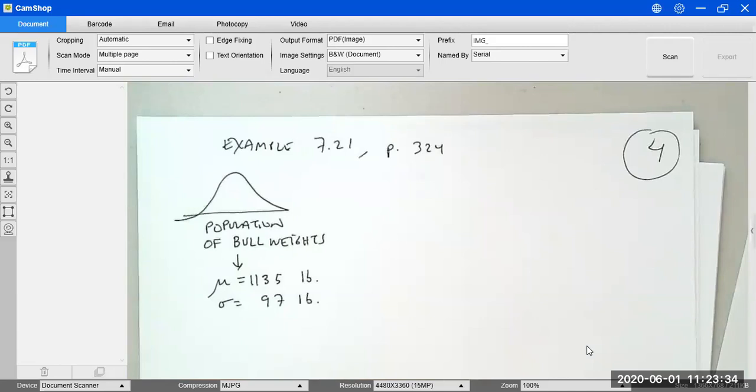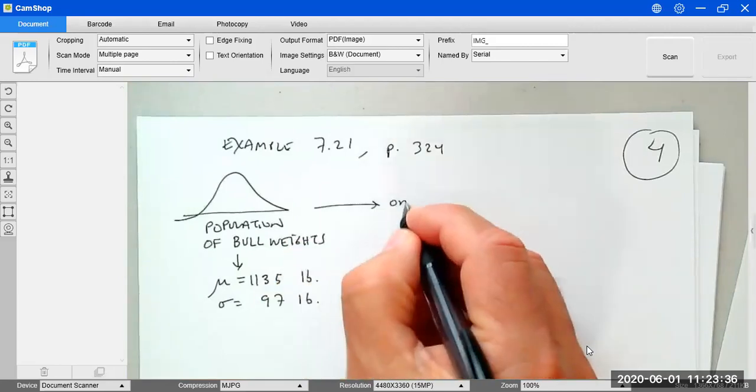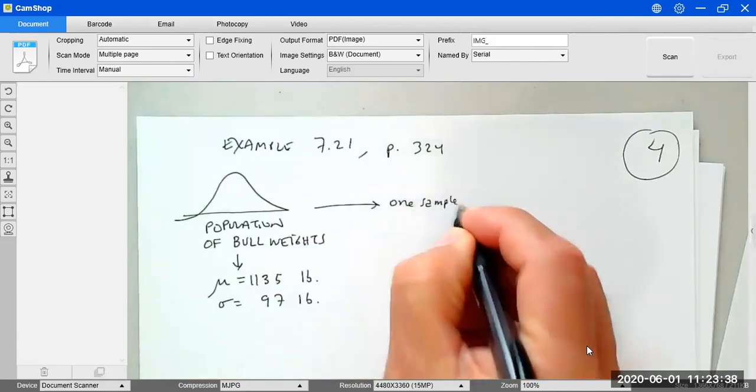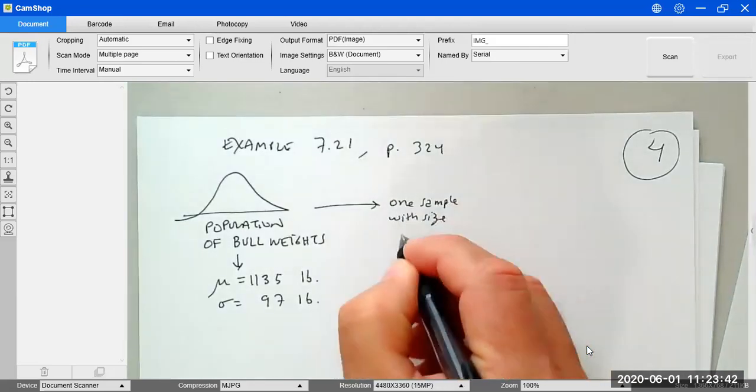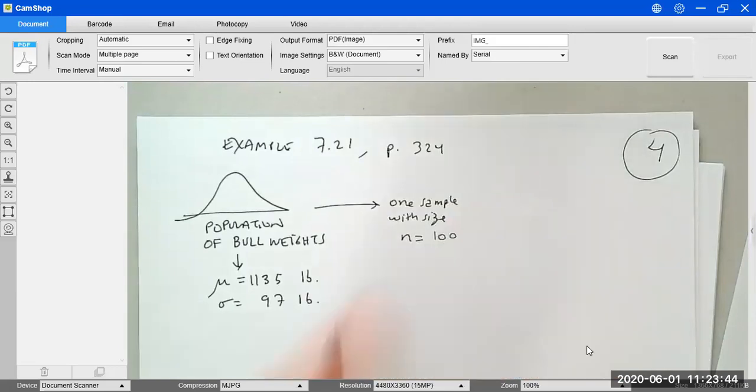And then we collected one sample with size n equals 100. And as in the previous problem, we have more than 30 individuals in our sample, so we can use the Central Limit Theorem.